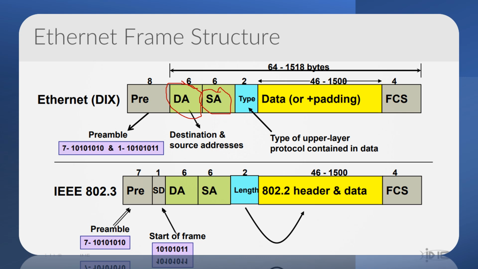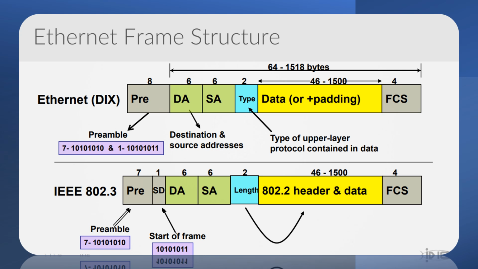This means in one segment the MAC address of the destination is fitted, and in the other the MAC address of the source is fitted. Here the type segment represents the type of upper layer protocol contained in the data. The next segment is the data.